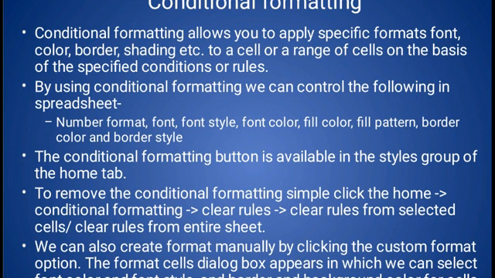Suppose in a number we can use comma. In a number we can use decimal point. We can control the digits after the decimal point. There are so many things we can control. And font style means bold, italic, underline. Font color, fill pattern, border color and border style we can change with the help of conditional formatting.